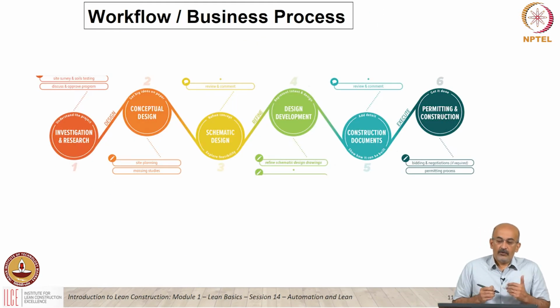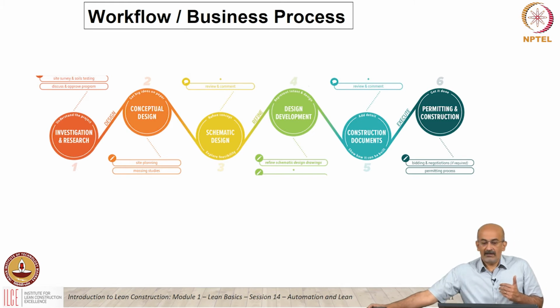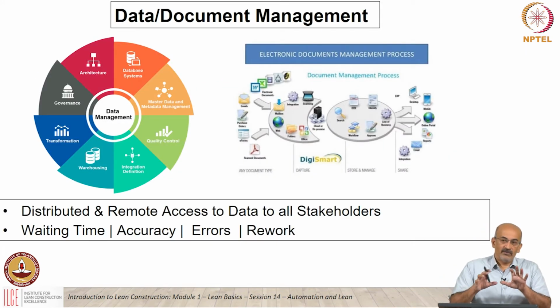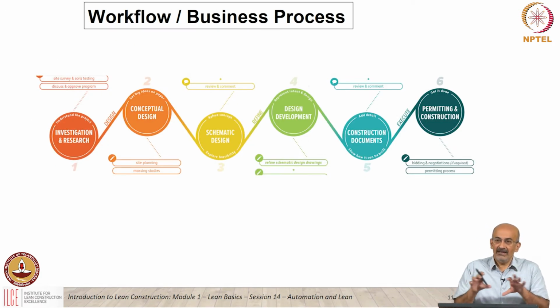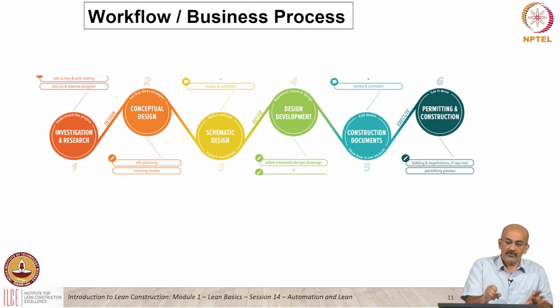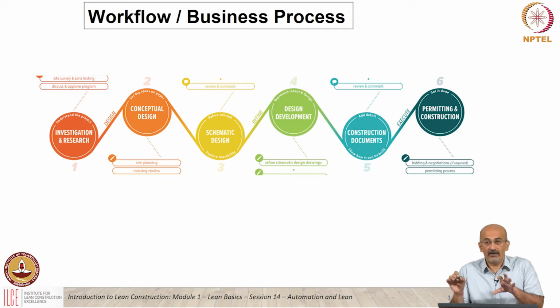We go to workflow and business process. When we looked at data and document management, we were managing the documents. Now we come a little more into the core of lean thinking. Lean is about process. When we look at workflow, we have two words there. Work is a part of the process, and flow is also, remember, part of lean.